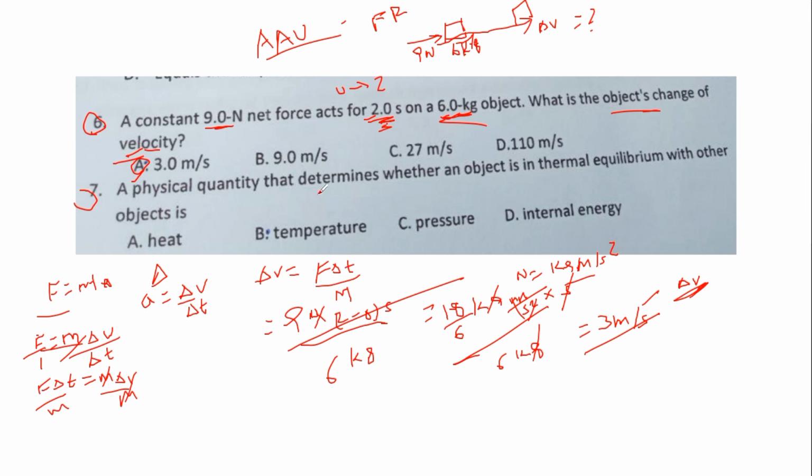Number 7. What physical quantity determines whether an object is in thermal equilibrium with another object? It is determined by temperature. Objects are in thermal equilibrium when they are at the same temperature.